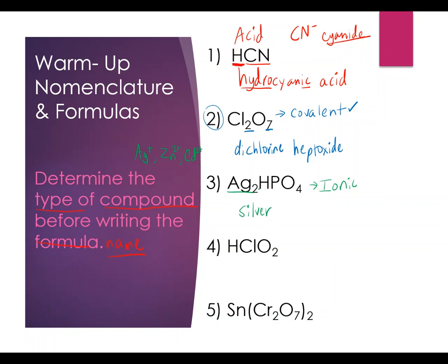Good. Now, I look on my polyatomic ion chart. What's HPO4? HPO4, name it, let's go. Polyatomic ion has 1, 2, 3 elements in it.